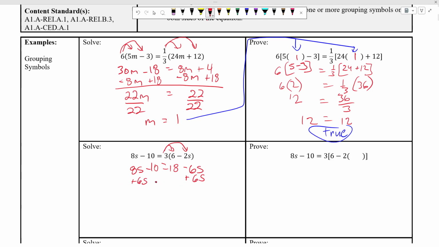I know my handwriting's not the best, but I just want to point that out. So 8s plus 6s is 14s. 18 plus 10, that's 28. All we're left with is 14 times s. I want to undo that via division, and s now equals 2.